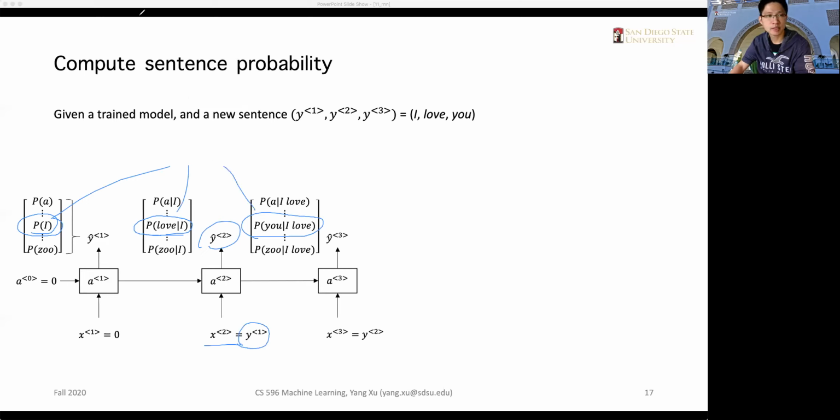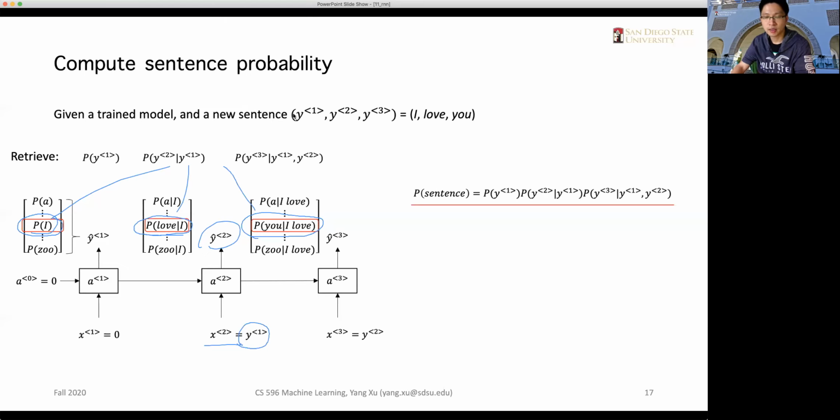Because we can apply a simple mathematical rule, which is the chain rule of probabilities. The probability of a sentence is the probability of the first word times the probability of the second word given the first word, and the probability of the third word given the first two words, and so on, right?